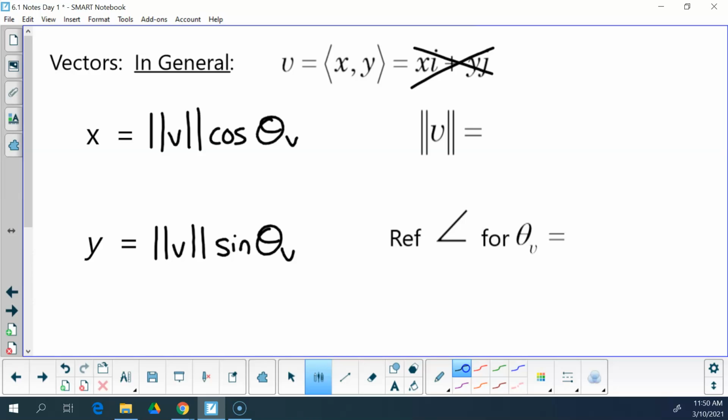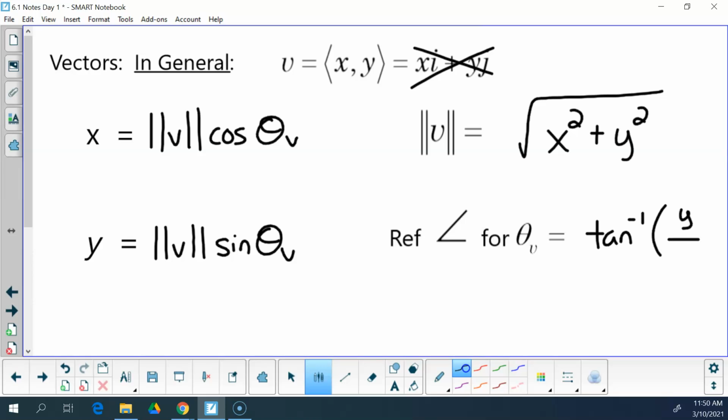The magnitude of v is going to be the square root of x squared plus y squared. And our reference angle is going to be the inverse tangent of y divided by x. And we can't forget to drop our negatives.